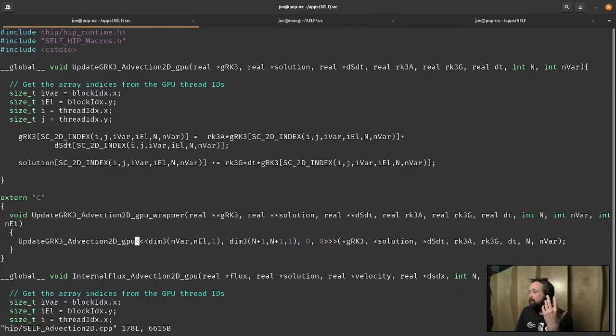So what we want to do is we've now got this flux divergence routine that we customized. We don't want to use the one that's inbuilt because it's conservative form. We want split form. So essentially I've got to implement that split form solver in a HIP kernel, then implement a wrapper around that, and then expose that wrapper through ISO C binding into Fortran.